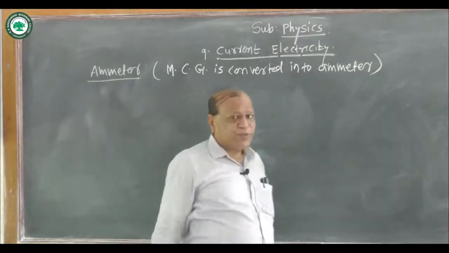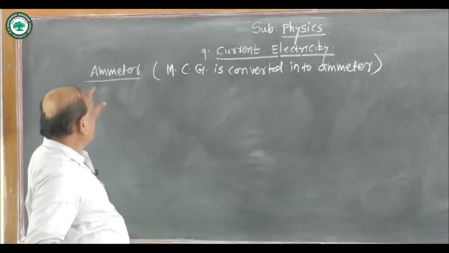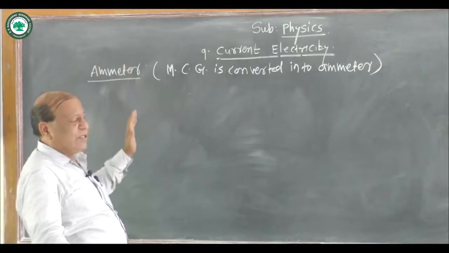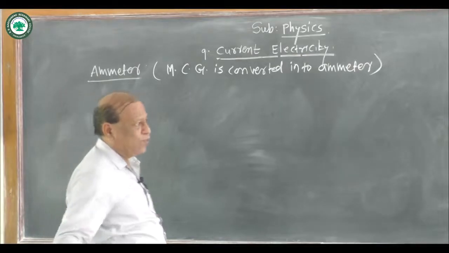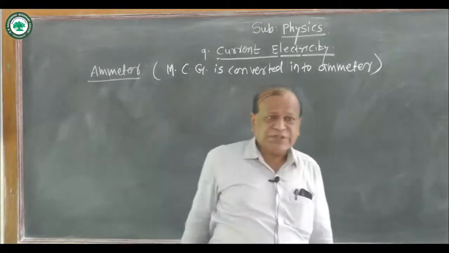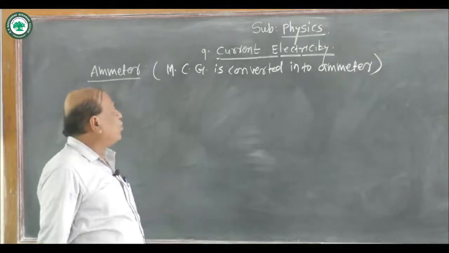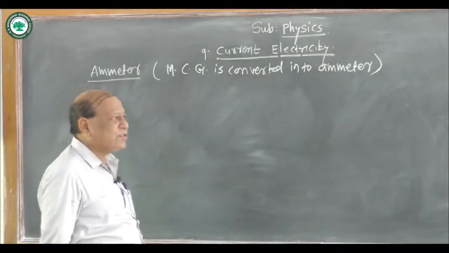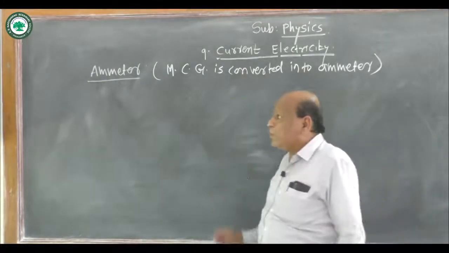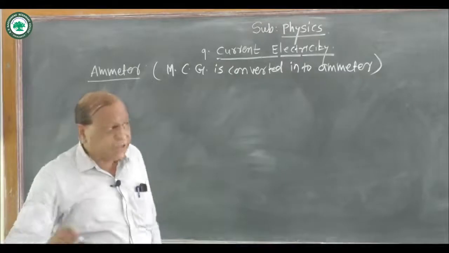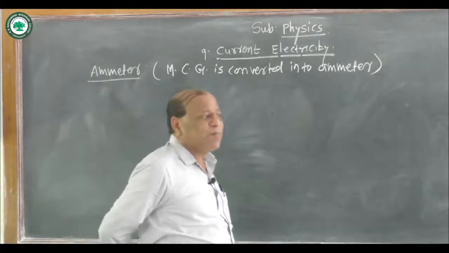Ammeter is used to measure the current, and for measurement of current, the ammeter is connected in series to the given circuit. Therefore, the effective resistance of the circuit increases. And now we have to modify this galvanometer to decrease this increased resistance.